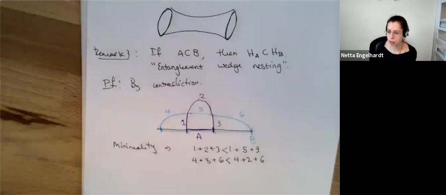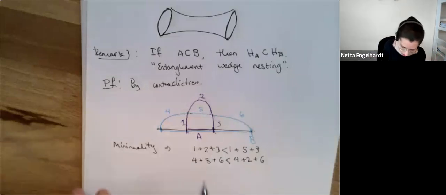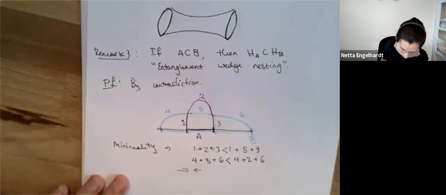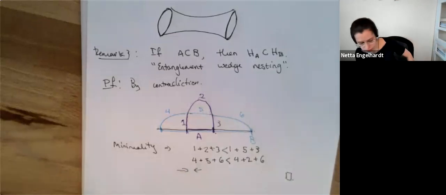But of course, these two are obviously contradicting one another, because one of these says that 2 is less than 5, and the other says that 5 is less than 2. And so we immediately say, oh, that's a contradiction. And therefore, this cannot happen, which proves our statement. So we always have this nesting property.